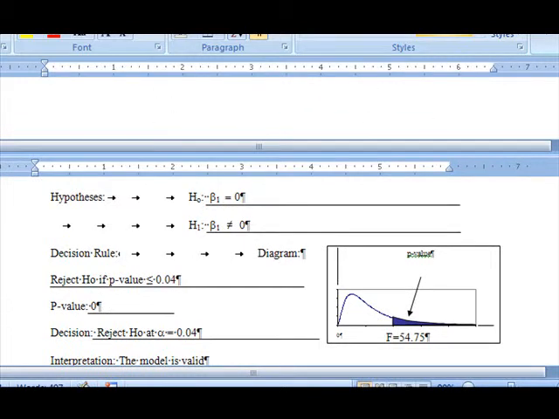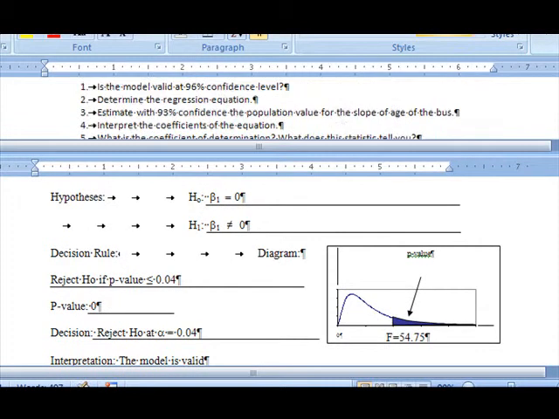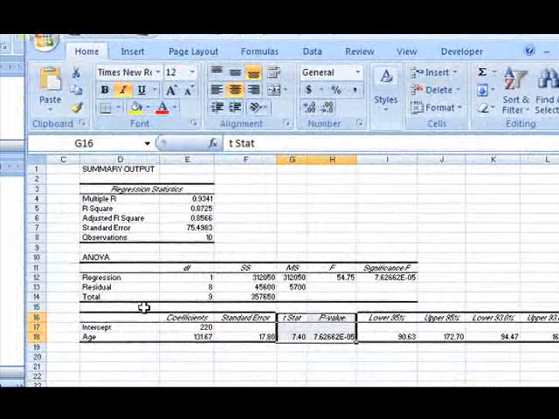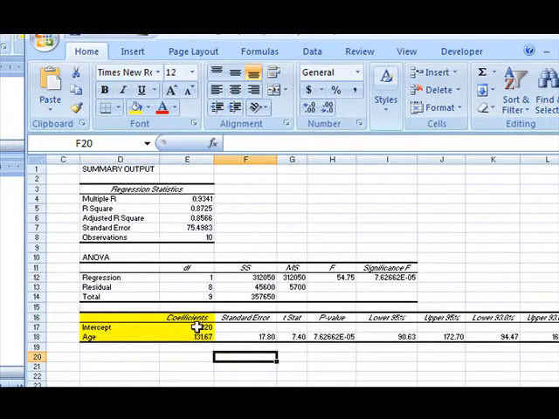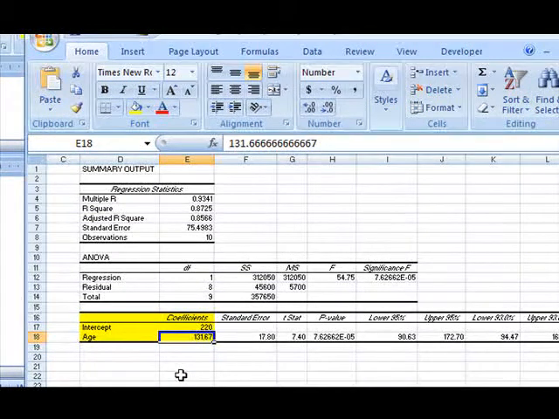The next question is determine the regression equation. The regression equation is taken from the first column in the last table. That's where it says coefficients. Notice that we have the coefficient for the intercept, which is your B0, and then we have your coefficient for each of the independent variables, in this case only one.